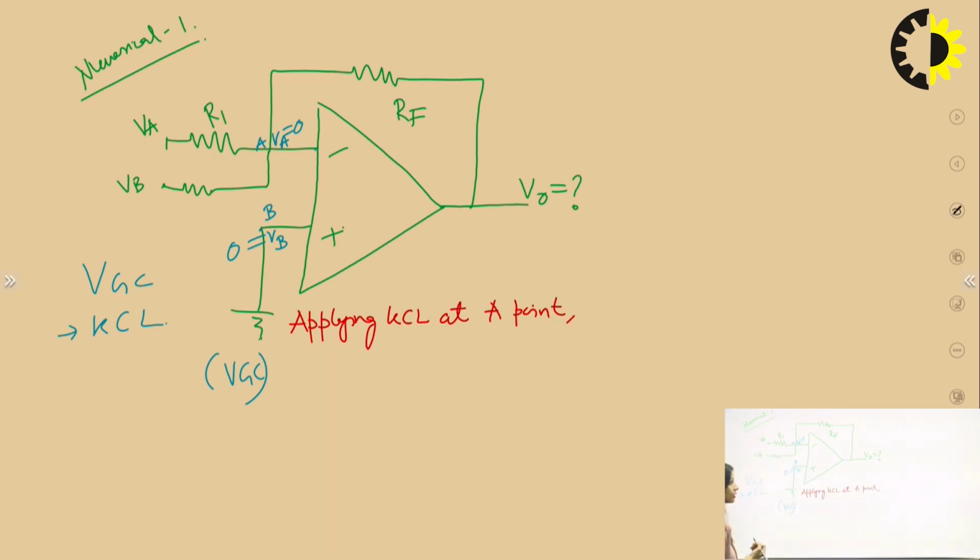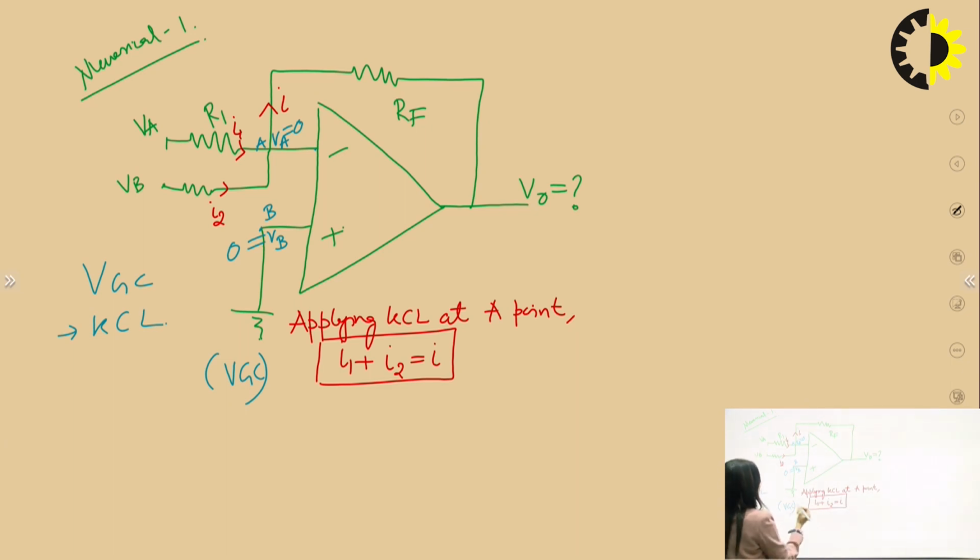Okay. So the current from this I1, the current I2, here there is no current and that is equal to I. So I1 plus I2 is equal to I, right?